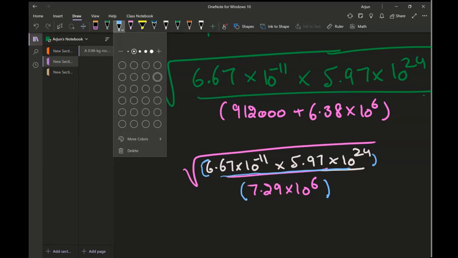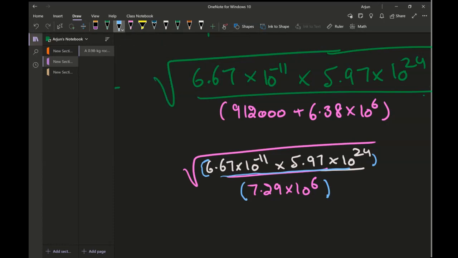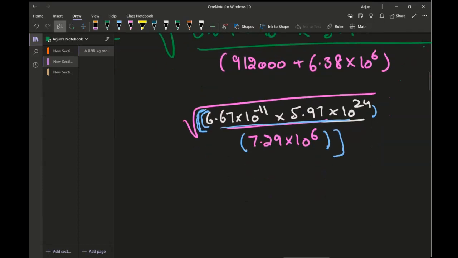But even with that, in some of the calculators you have to use two brackets here. So depending upon the calculator you have, because once you put in the square root, this is what you wanted to show. So hopefully you understand how you're going to put these values in the calculator.